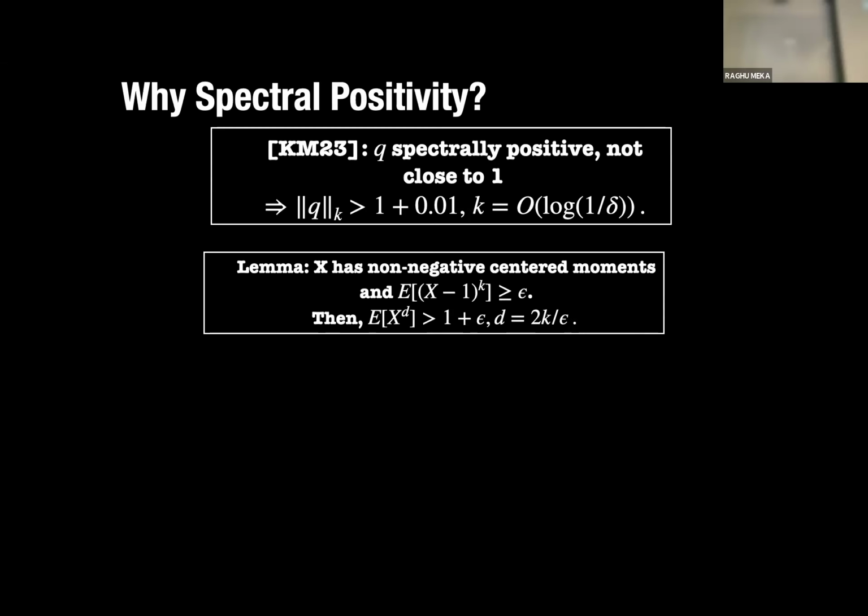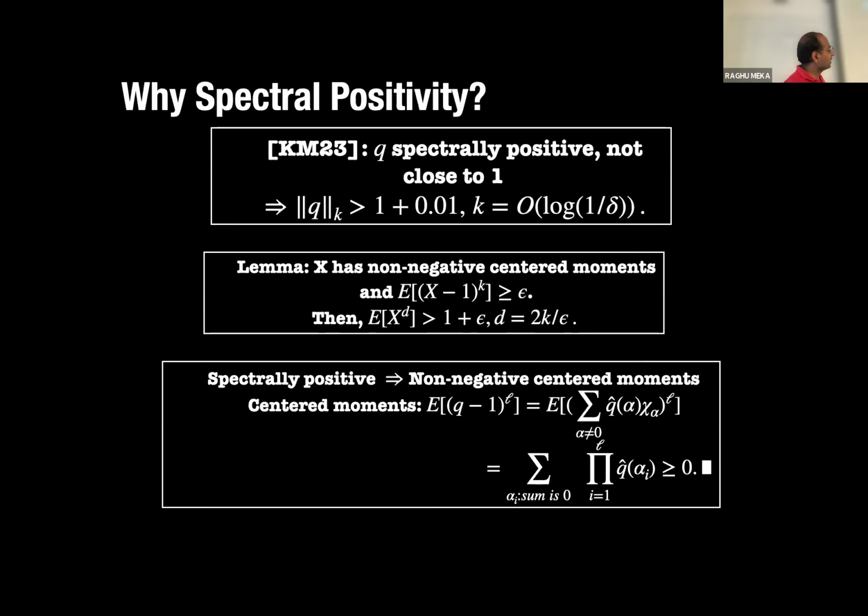But as long as they're all non-negative, if you're lower bounded for something, then you should also be lower bounded in the actual moment. But as I said, I'm not going to go into all of the proof steps, just the main ideas. So the main thing here is that if I have spectral positivity, then I can switch between underestimation to overestimation.